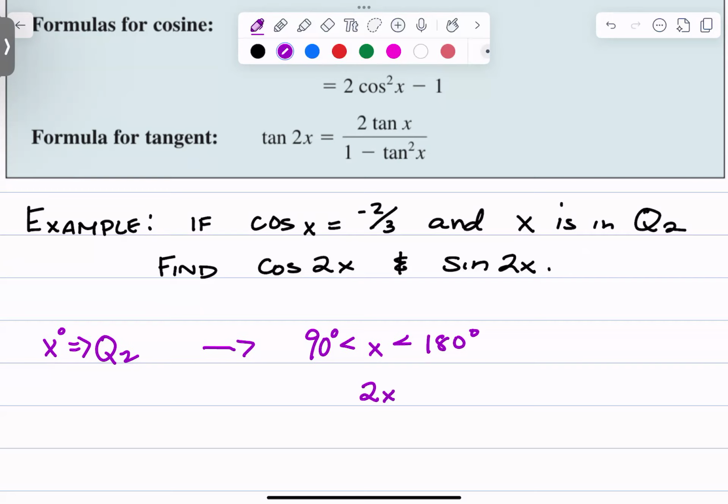So 2x has to be between what? 180 and 360.